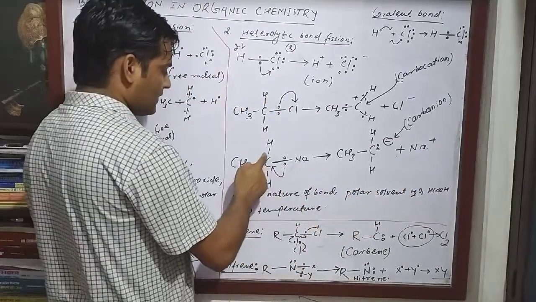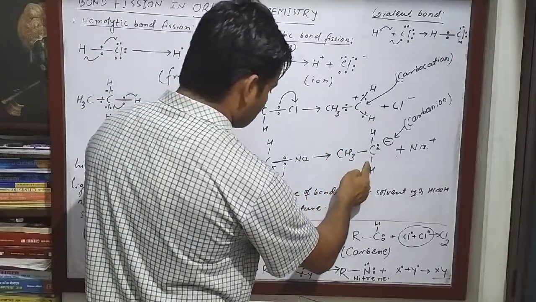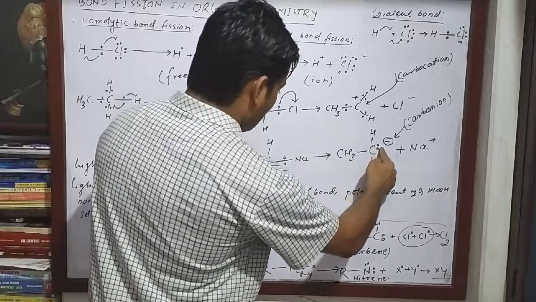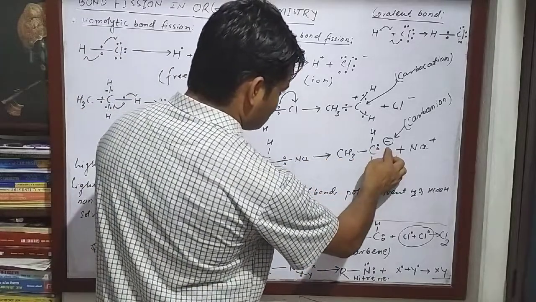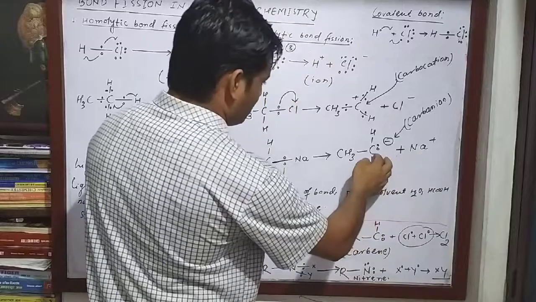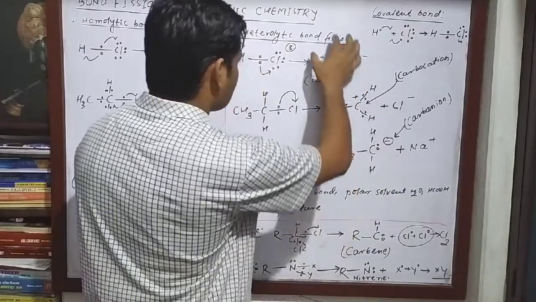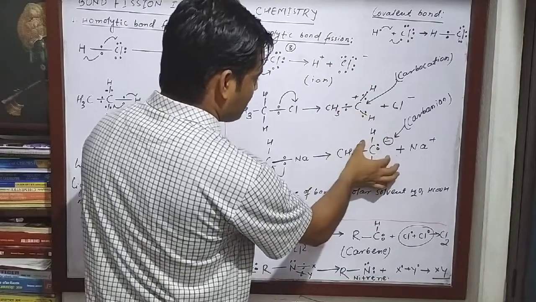Here carbon contains 1 2 3, 3 covalent bonds, there are 3 pairs of electrons, and this shared pair also shifts towards carbon, and this carbon gains the shared pair of electrons, therefore it gains a negative charge, the metal a positive charge. And this is called a carbanion, and heterolytic bond fission gives carbocation as well as carbanion.